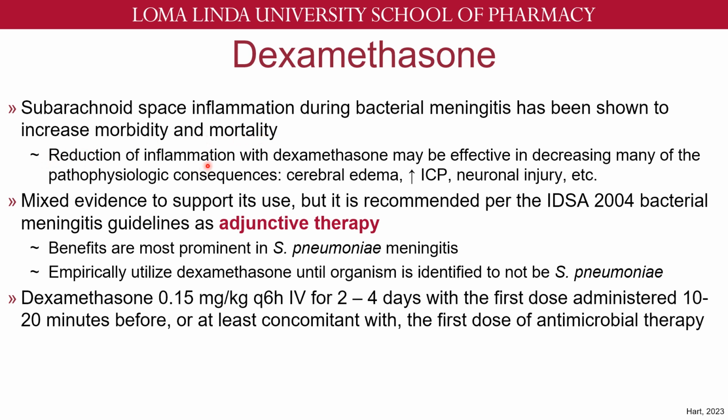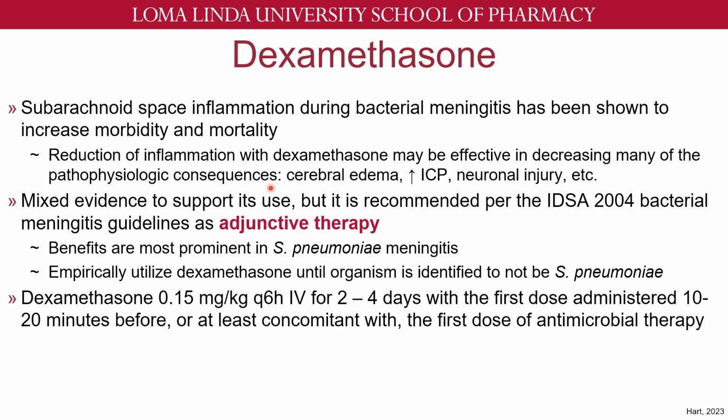If you reduce the inflammation with a steroid like dexamethasone, it may be effective in decreasing many of the pathophysiological consequences we see with meningitis. That increased cerebral edema, so swelling, increased intracranial pressure that can cause damage, neuronal injury, and death.